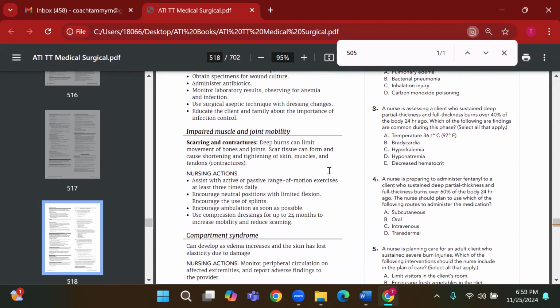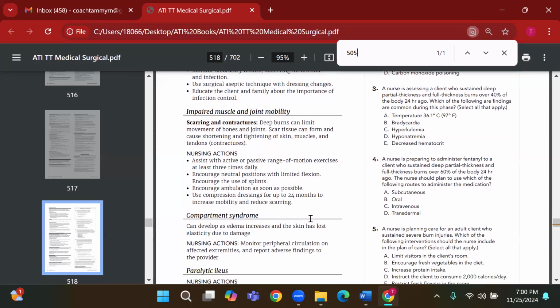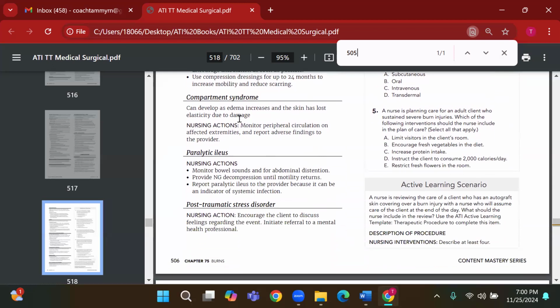We still need to do active and passive range of motion with the patient. Compression dressings can be worn up to 24 months to reduce scarring. So that's a long time. When we look here, compartment syndrome, just like I said, may need a fasciotomy. And remember we said something about gastroparesis, where the GI system kind of shuts down. But paralytic ileus means that the small intestine stops being mobile.